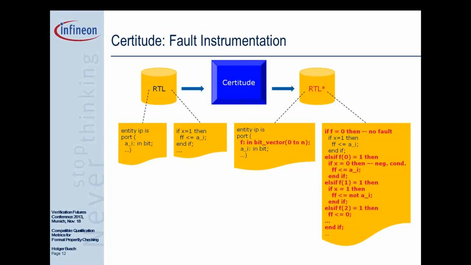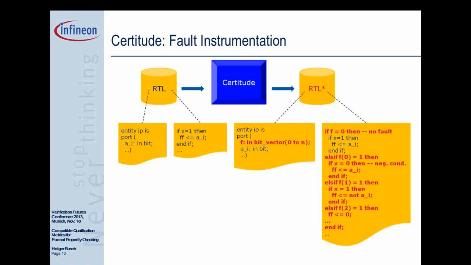It is based on fault instrumentation of the HDL. So for VHDL, you see here the original VHDL. You probably cannot read it, but it injects some array vector, and with each element of this vector, a different fault is activated in the VHDL code. So some branching conditions are simply set to true if one component of this vector is 1.